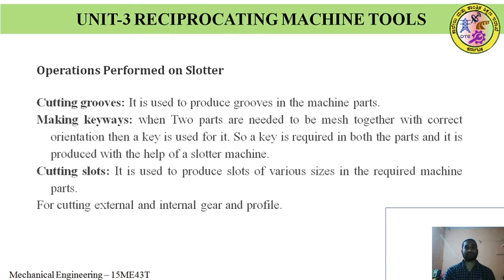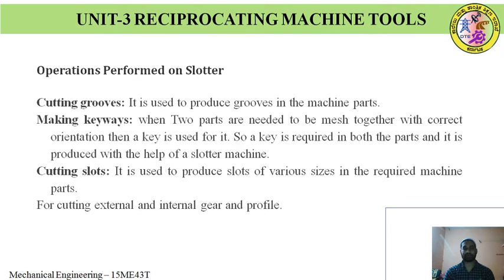Operations performed on the slotter. Cutting grooves: it is used to produce grooves in the machine part. Making keyways: when two parts need to be meshed with each other with correct orientation, keys are used. Keys are required in both parts, and they are produced with the help of the slotter machine.